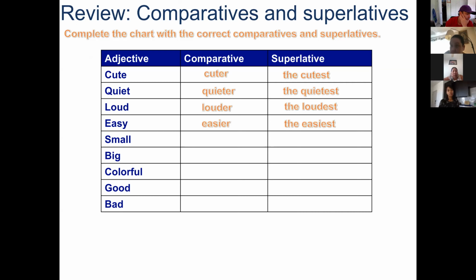Small, smaller. Yep. The smallest. Good, Norma. Big, bigger and the biggest.